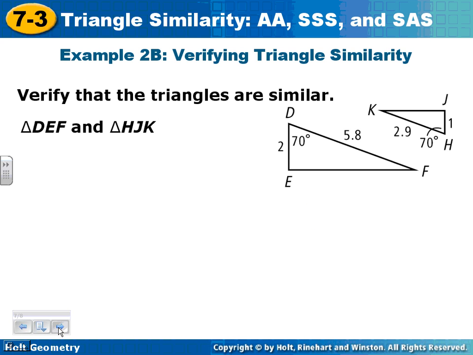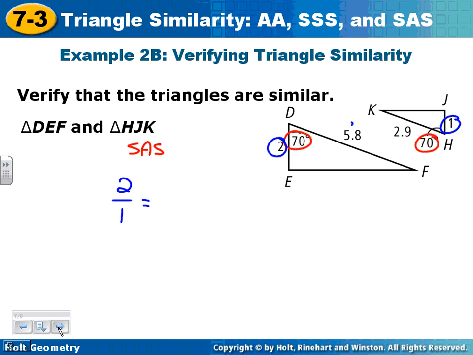Next slide. Verify that the triangles are similar. Well, I think I'm going to use side, angle, side, because I have this 70 and that 70. So I have my angles taken care of. They're congruent. Now let's check to make sure my sides are in proportion to each other. So this 2 corresponds over here to this 1. So I'm going to write 2 over 1.